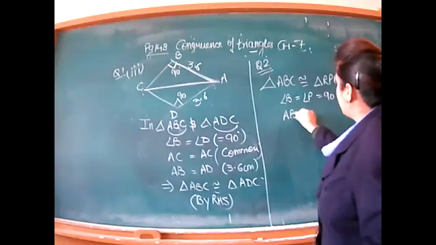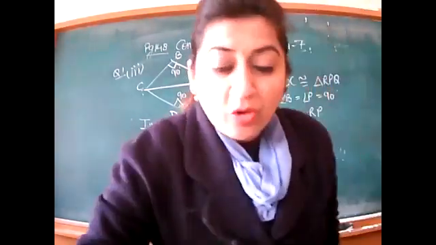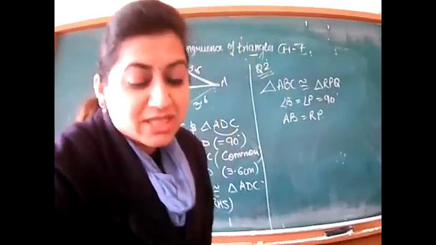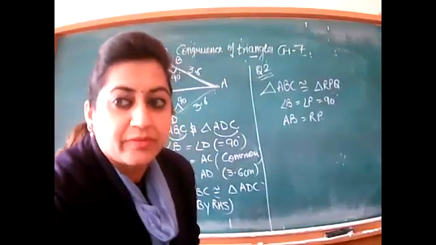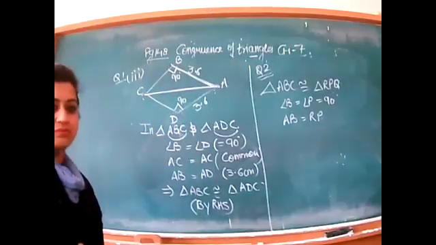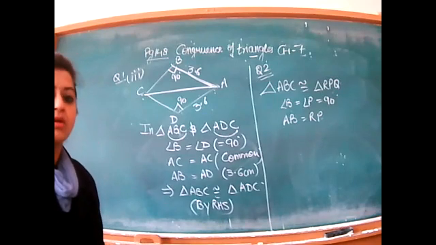AB is equal to RP. What additional information is needed to make these two triangles congruent? Yes, Drishti? Ma'am, angle, ma'am, sorry, AC is equal to RQ.